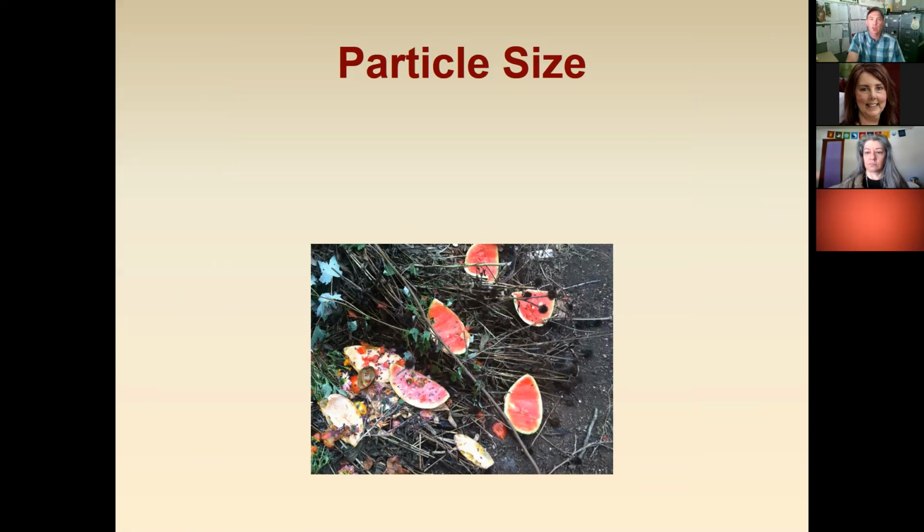Okay, so let's go right on to the particle size. Particle size really is about the surface area of what bacteria are going to be eating. Think of it like a block of ice, right?